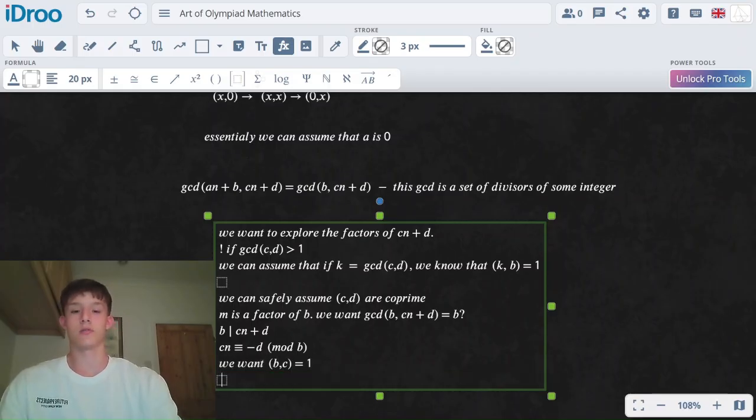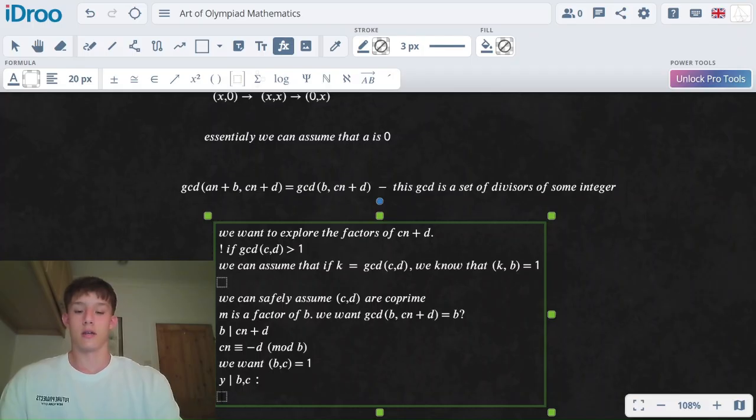So now let's assume that they're not coprime. If B and C are not coprime and they're both divisible by y, so suppose y divides B and C, then we basically substitute: B is B prime y, C is C prime y, assuming y is the GCD.